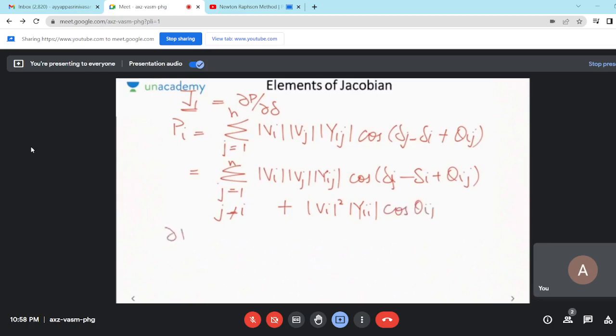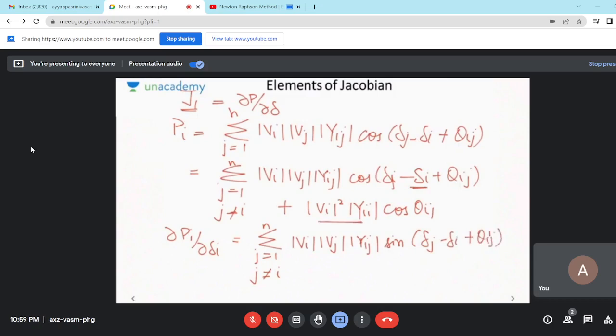Now if we calculate del Pi by del delta i, that is the diagonal elements of J1, then the derivative of the first term would be sigma j is equal to 1 to n, j is not equal to i, derivative of cos is minus sine and the minus sign will become plus, mod Vi mod Vj mod Yij sine of delta j minus delta i plus theta ij. Derivative of the second term would be 0.